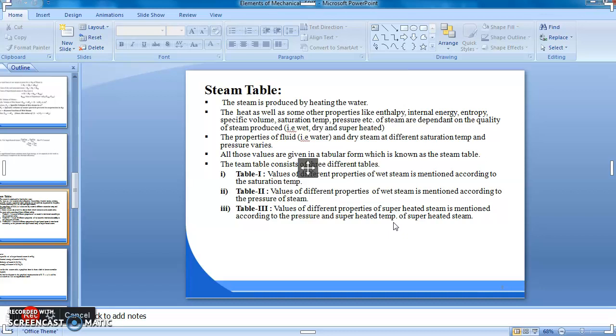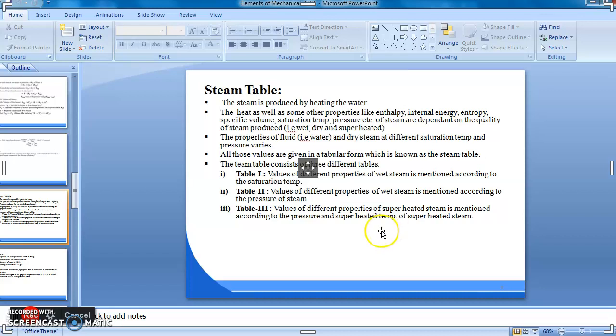Next we shall discuss the steam table. What is a steam table? A steam table is a table in which the different values for wet steam and superheated steam can be found easily by looking them up in the table.